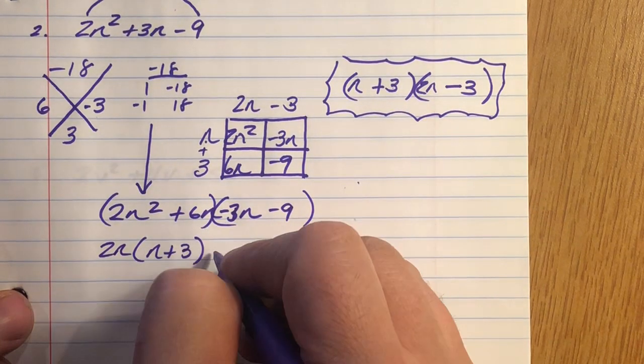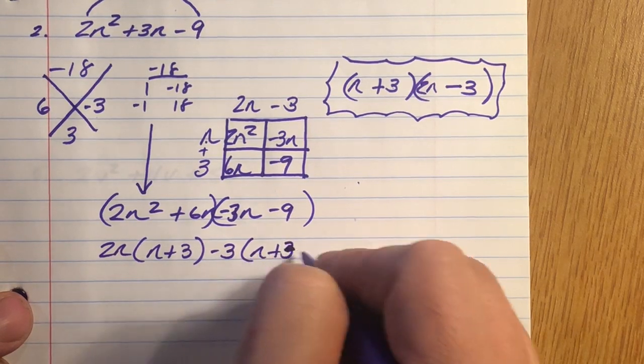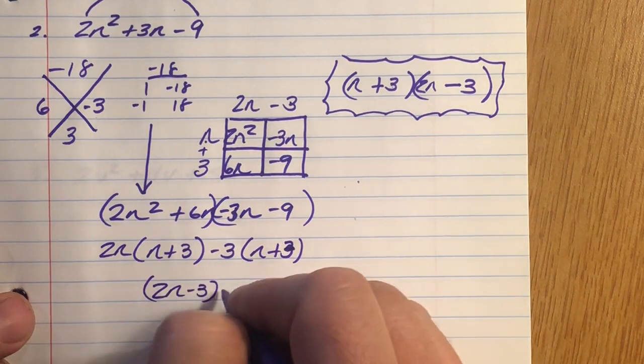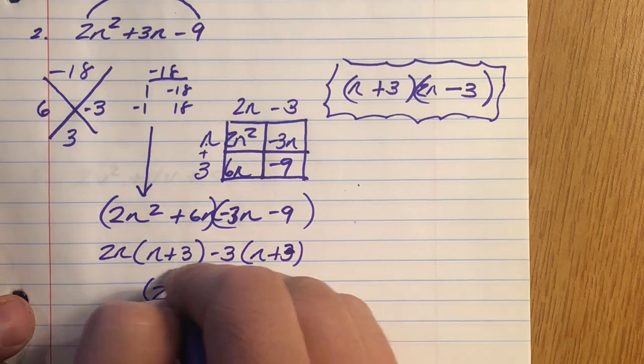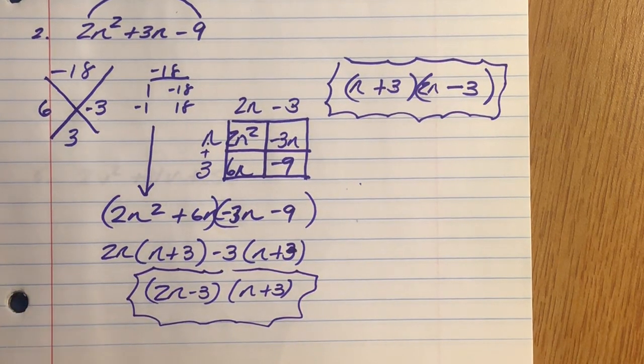And then these two have a negative 3 in common and n plus 3. So I've got 2n minus 3 and n plus 3. There you go. Either method will work. It doesn't matter, okay, guys? Either method will work.